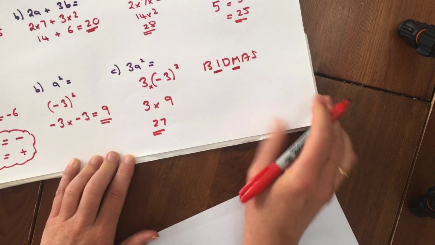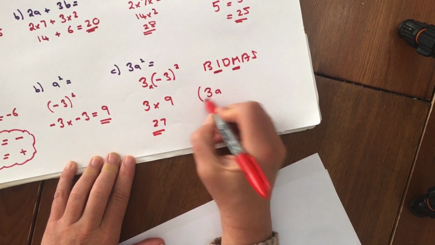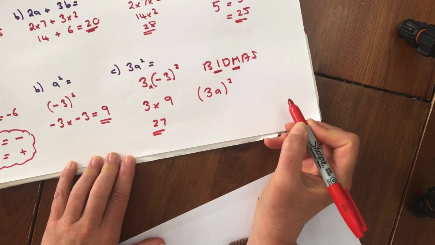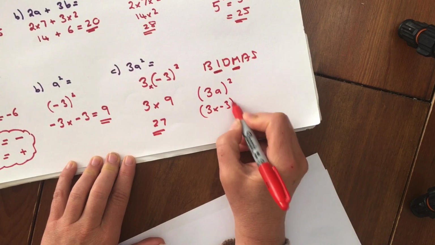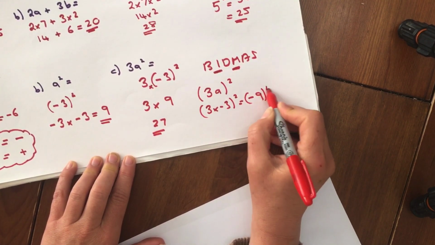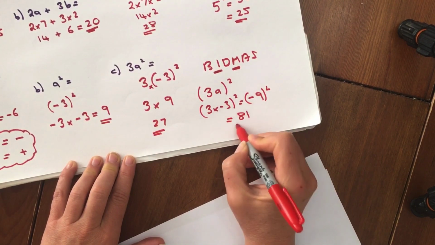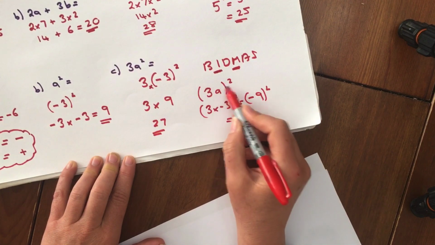What some people might have done is this. They may have worked out 3a squared and they might have done 3 times -3 squared, which is -9 squared, which is +81. -9 times -9. This is 3a all squared.